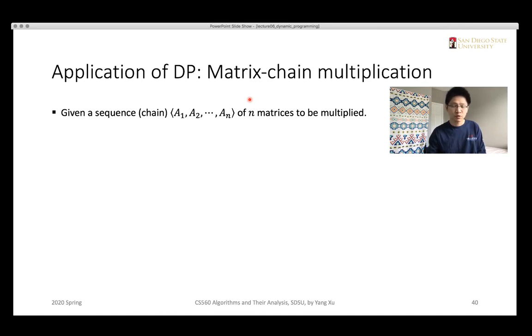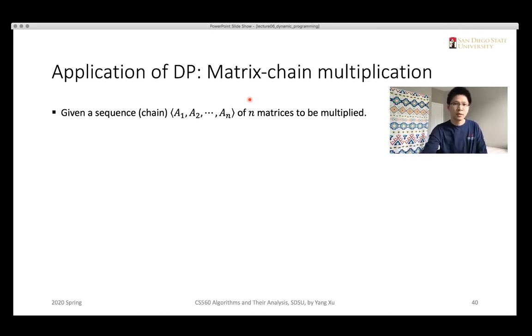We talked about Strassen's algorithm, and that algorithm is an optimization based on the multiplication between two matrices. The problem we are talking about here is the matrix chain multiplication problem. It's not the multiplication between two, but a chain, a whole lot more, and this chain could be very long.